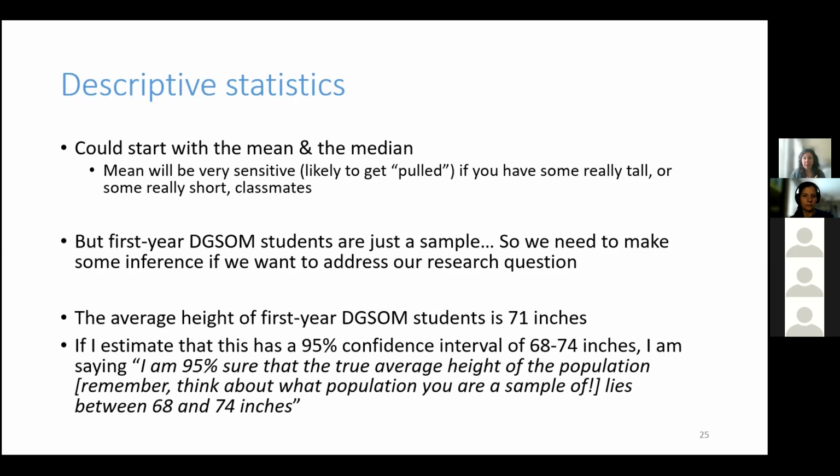I said earlier that your confidence is a function of the level of inference you're making. Am I 95% sure that the true average height of people in Los Angeles lies between 68 and 74 inches, or is it of medical students, of first year medical students? So this is where your relationship between your sample and your population come into play.